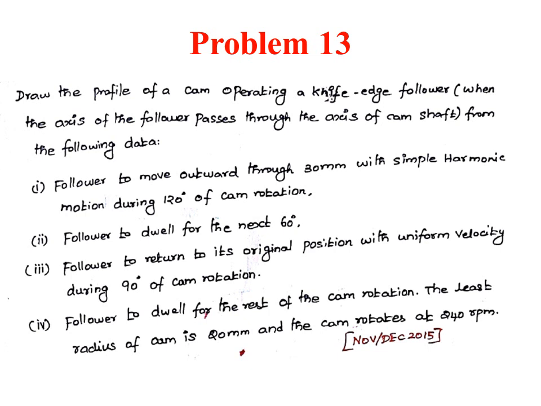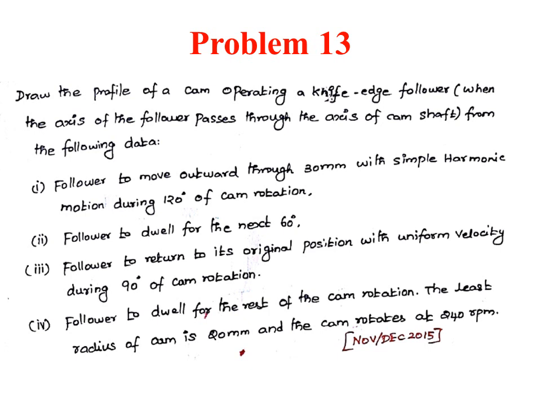They have given the following data. Follower to move outward, that is the outstroke, through 30 mm. Here 30 mm is the lift, that is S, and the outstroke will be performed using simple harmonic motion.